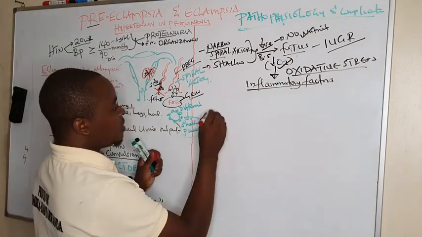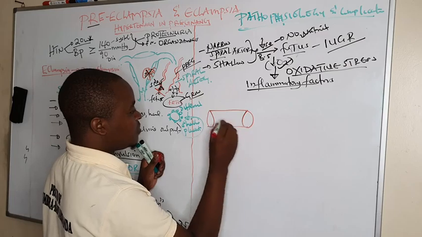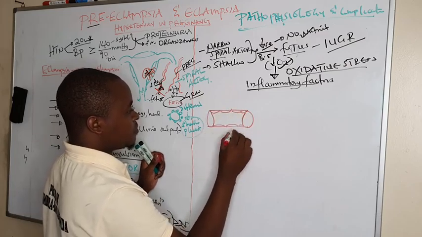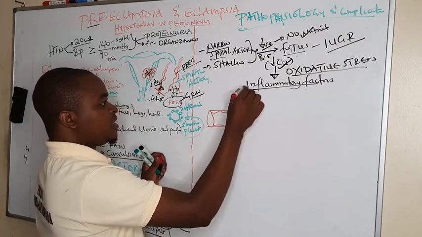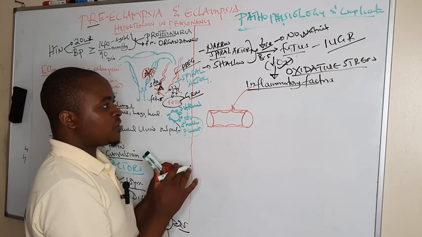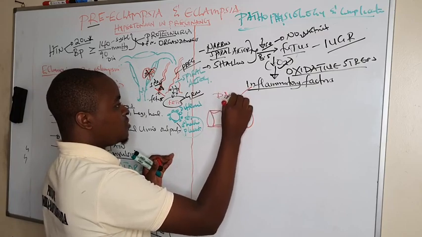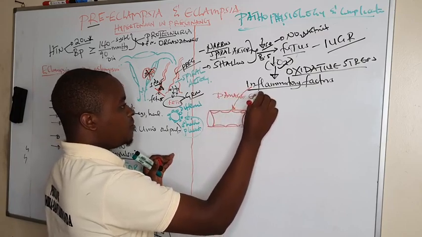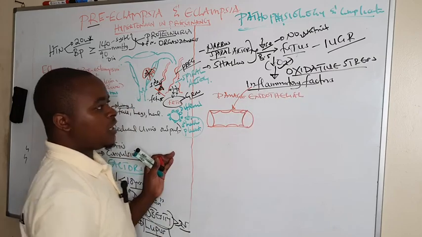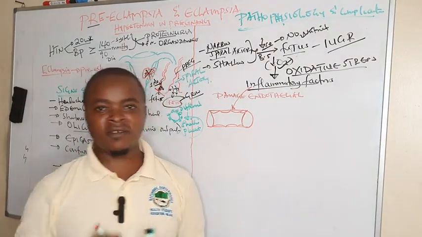When they go to the blood vessels, if this is a blood vessel with the endothelium, the first thing these inflammatory mediators do is start destroying or damaging the endothelium. They are going to cause endothelial damage, that is damage to the lining of the blood vessels of the mother, not the fetus.